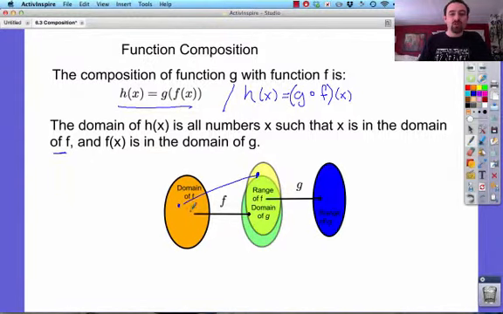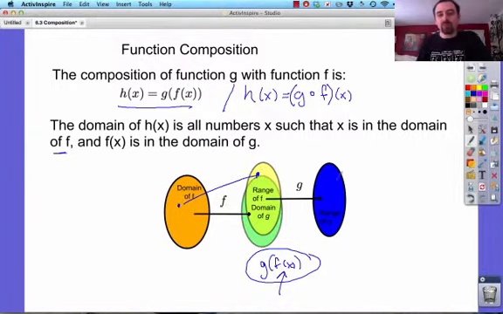So even though x is in the domain of f, f of x is not in the domain of g, because when I put it through f, I can't then put it through g. That's an important thing to think about.